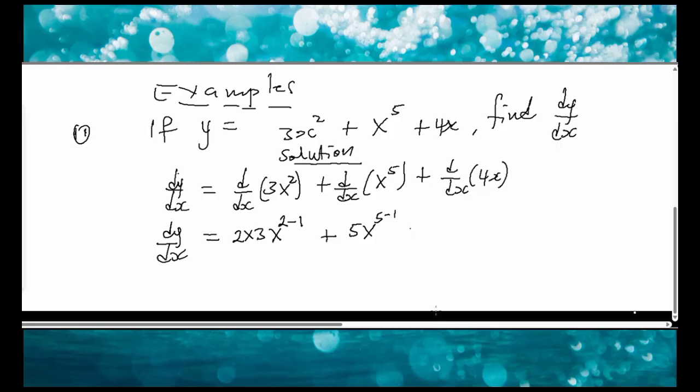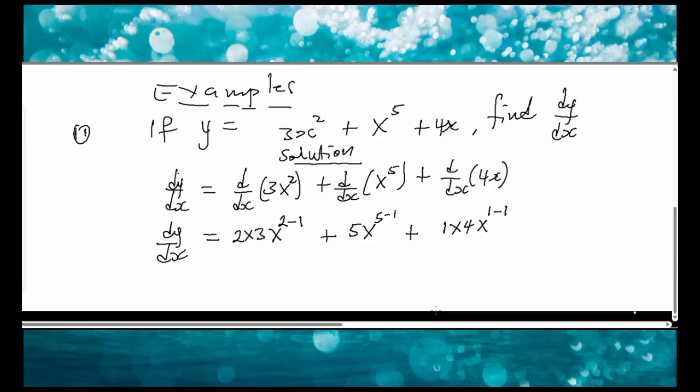And then plus 4x. The exponent of this x is 1. So actually we're going to have 1 times 4, then x. We're going to decrease this exponent by 1. It is 1 minus 1.